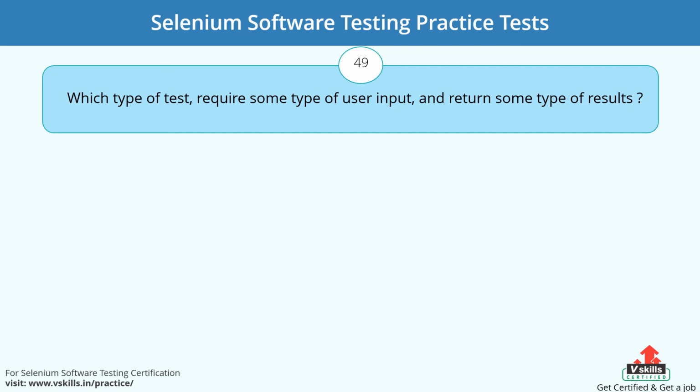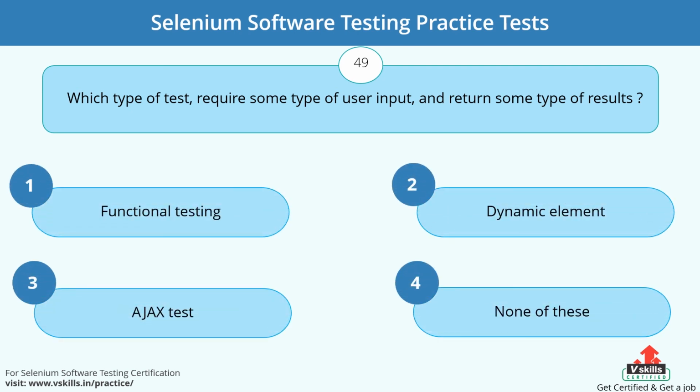The options are A. functional testing, B. dynamic element, C. AJAX test, D. none of these. The correct answer is option A.